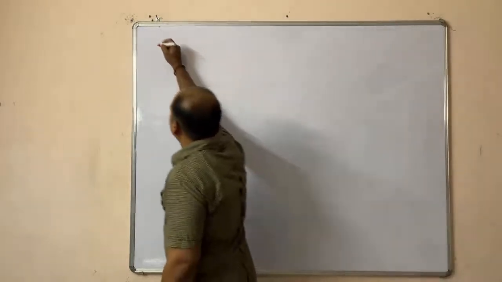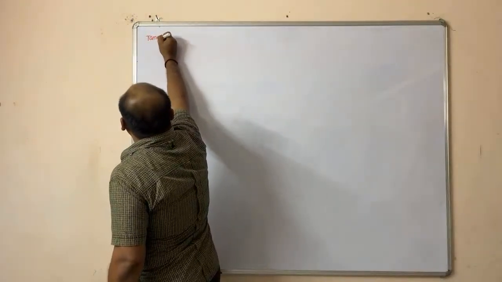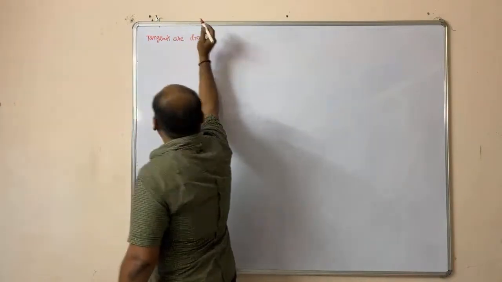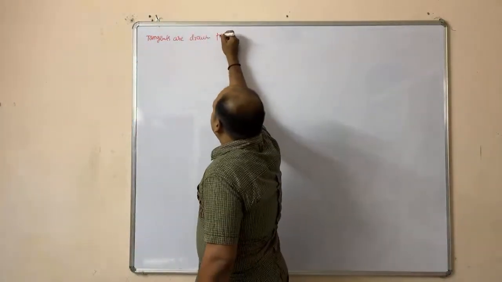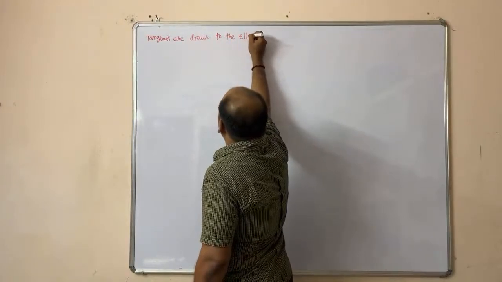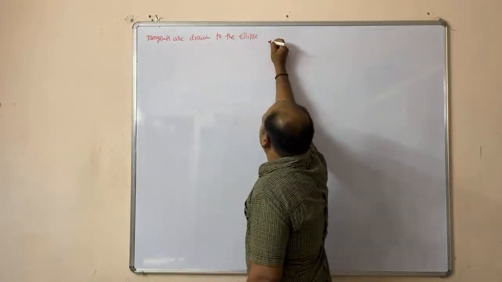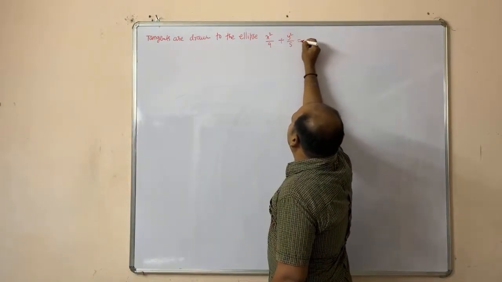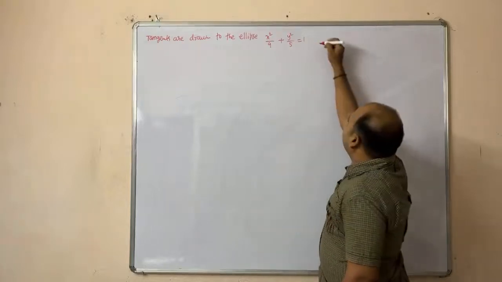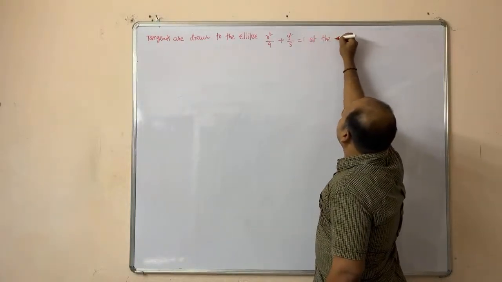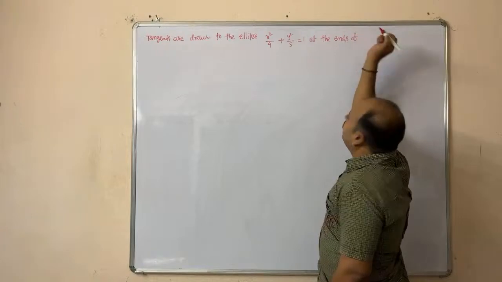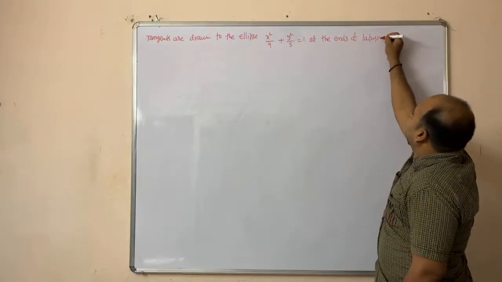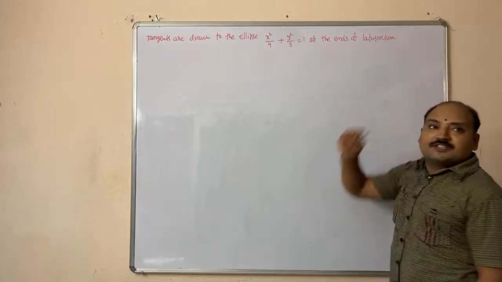So the next question: tangents are drawn to the ellipse x square by 9 plus y square by 5 equal to 1 at the ends of latus rectum.